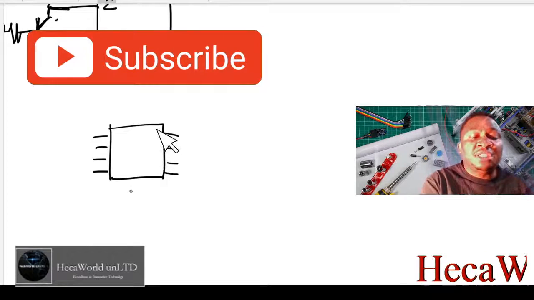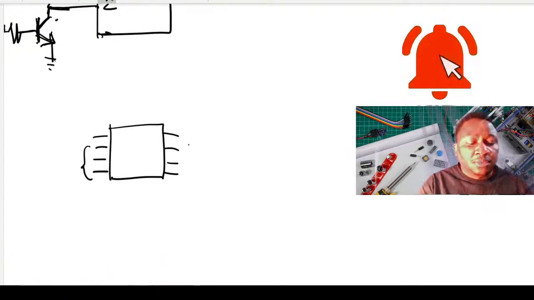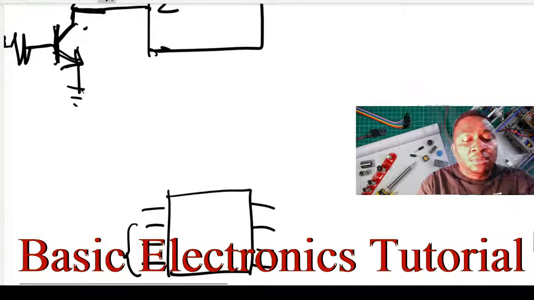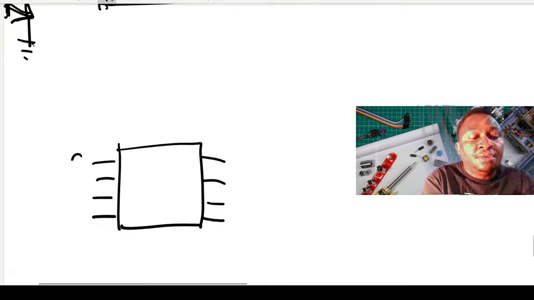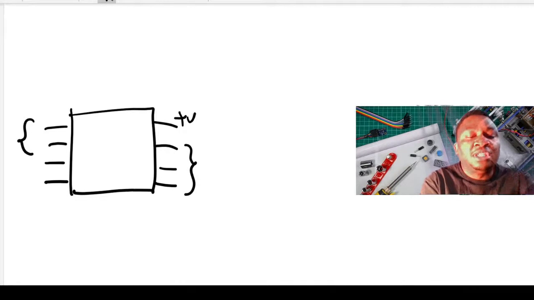You have about 6 I/O pins, 3 up here and 3 over here. This is positive, this is 0 volts, and you have your microcontroller.